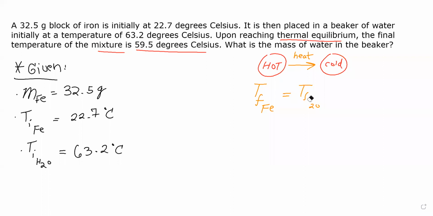Let me be very clear. This is T_f for water. So this always occurs. Since these two variables are equal, we label them both T_f. So temperature final for both is 59.5.